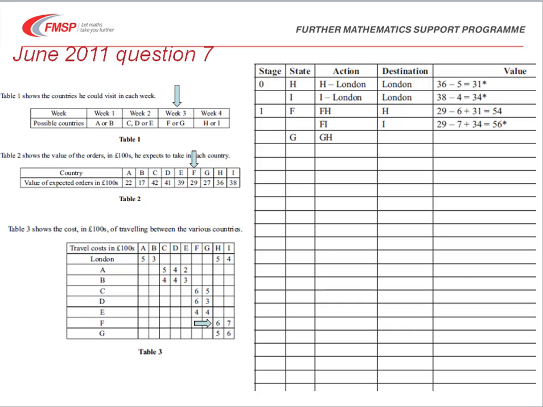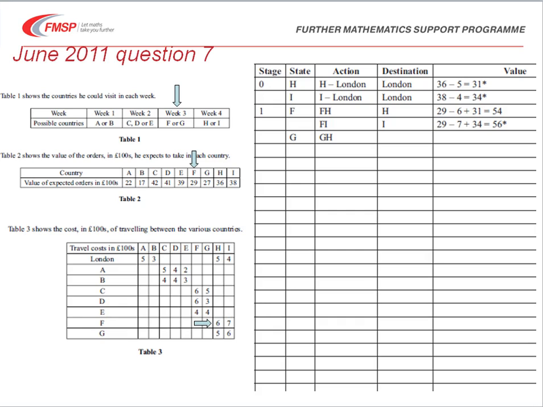So we've got a total there of 56. The asterisk that's been put there is to indicate the largest of the values. Remember, we're trying to maximize, so in the first 2 lines we've got an asterisk on both those lines. But now for state F, our maximum value is 56, indicated by the asterisk.